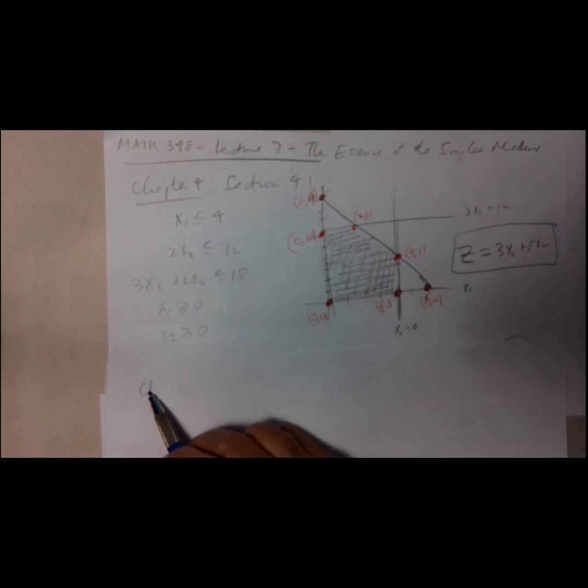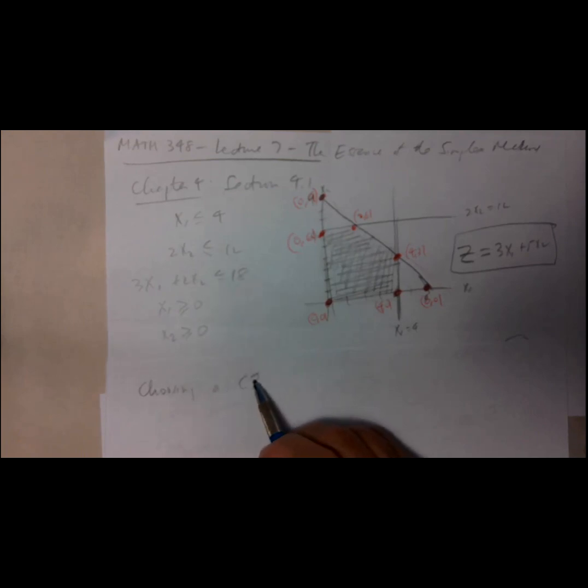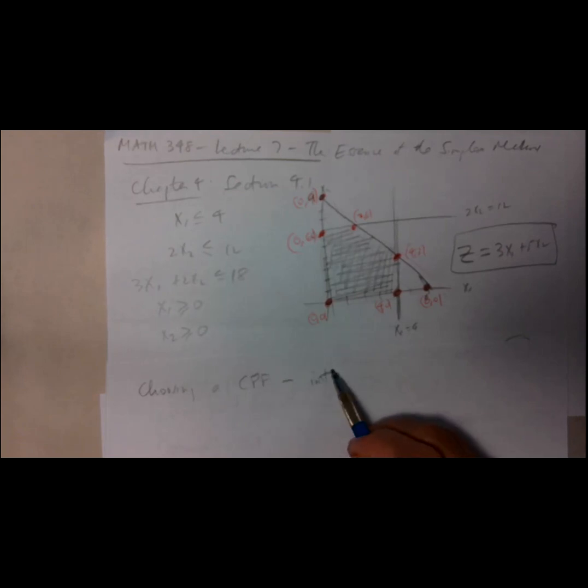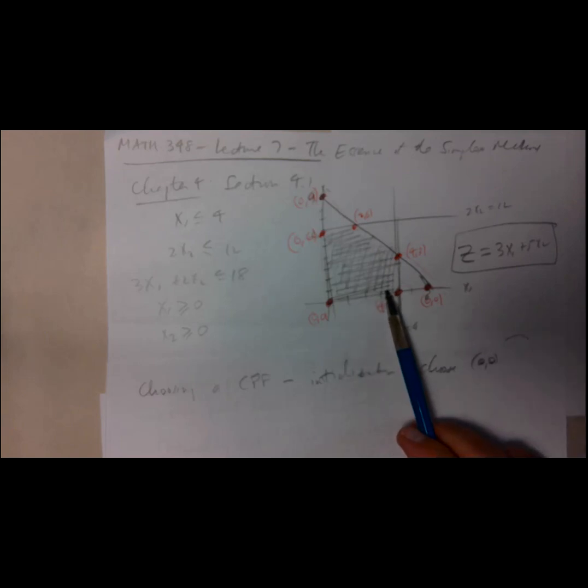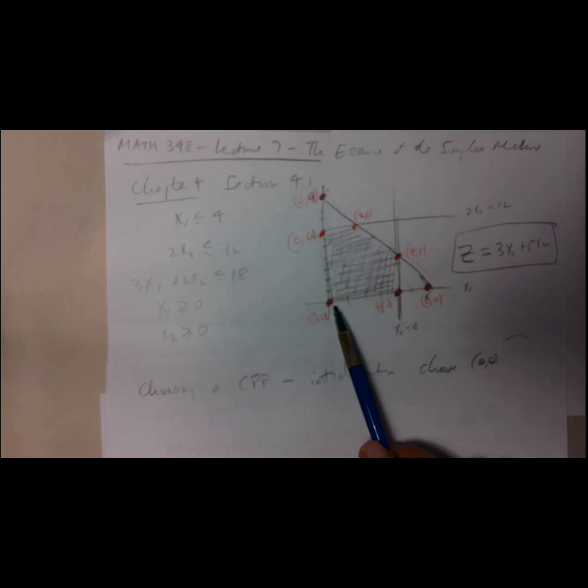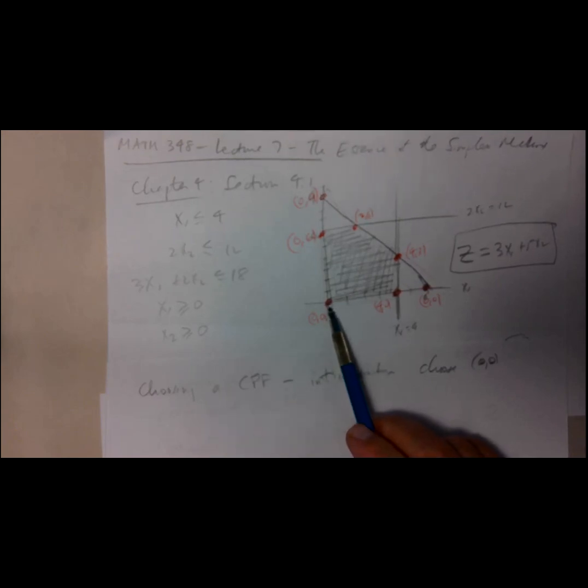And start by choosing any corner point feasible solution. And in fact, almost always our initial choice, the initialization, is, because it's the easiest point to find, (0, 0). So in almost every linear programming problem, which is in what we'll call a standard form, (0, 0) certainly satisfies all the constraints.